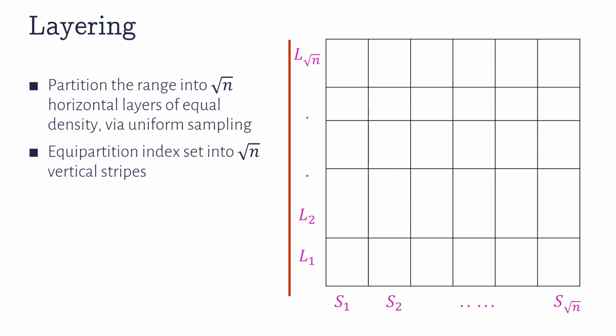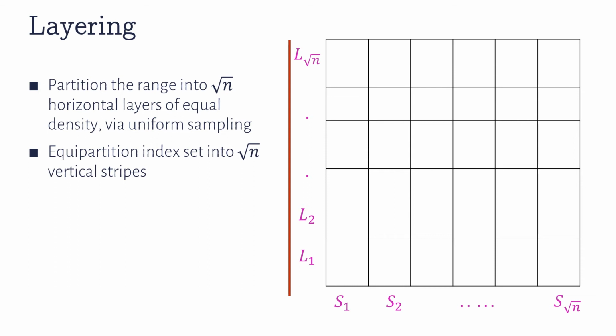The first step in our algorithm is to partition the range of the array, which is the y-axis of this grid, and also the x-axis of the grid into roughly root-n equal parts, by which I mean the following. We divide the range into horizontal layers, L1 through L theta root-n, which are rectangles of roughly equal density.